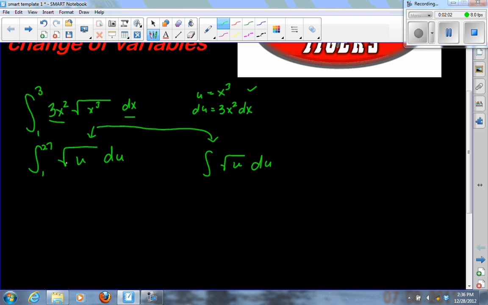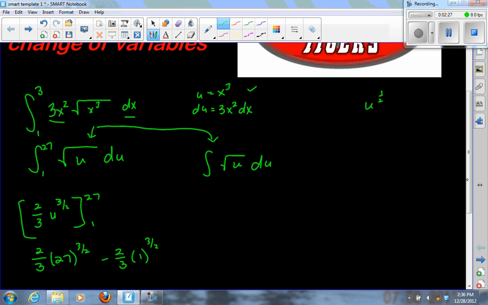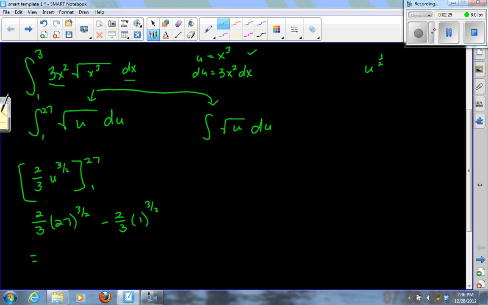I can say the integral of the square root of U, remember, is U to the 1/2, so the integral of that would be 2/3 U to the 3/2 evaluated from 1 to 27, which would be 2/3 times 27 to the 3/2 minus 2/3 times 1 to the 3/2, which is approximately 92.864, or you could get an exact answer by leaving this in radical form.